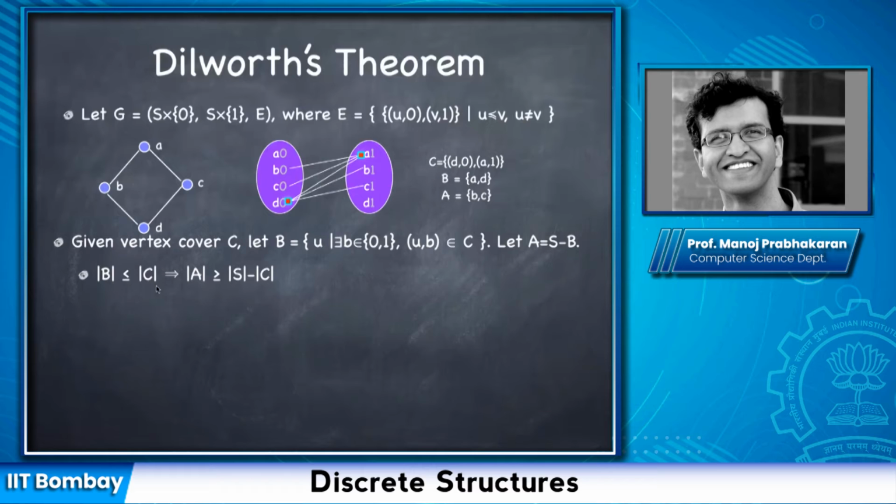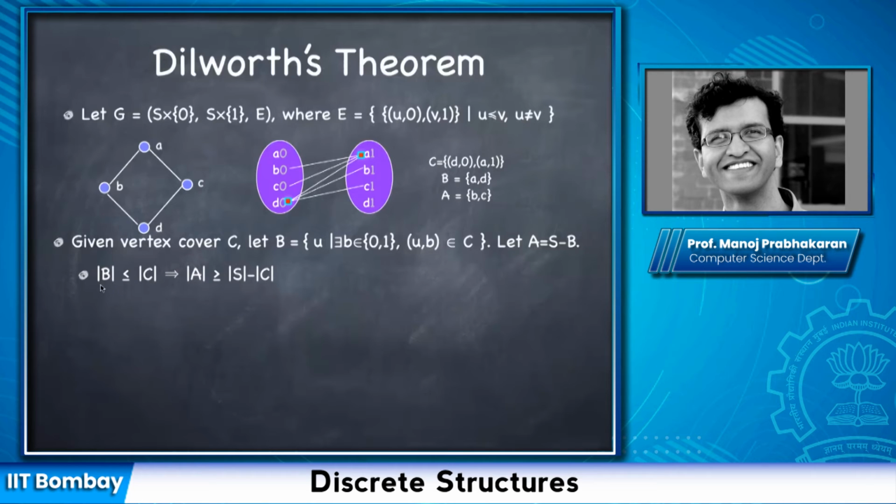So first of all, I'm going to claim that this A is large. How large? If I give you a vertex cover of size at most T, then clearly the size of B is less than or equal to T, because I only identified pairs of elements into one element. So going from C to B, the size could have only shrunk.